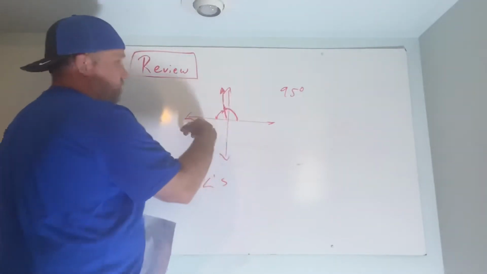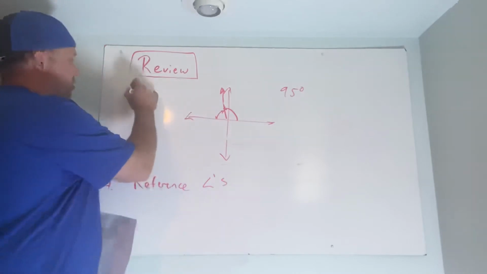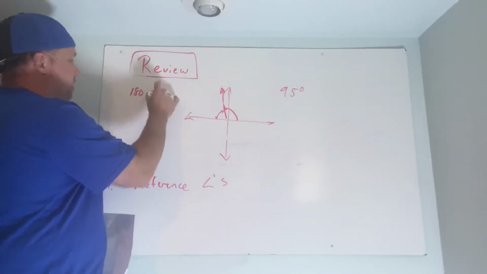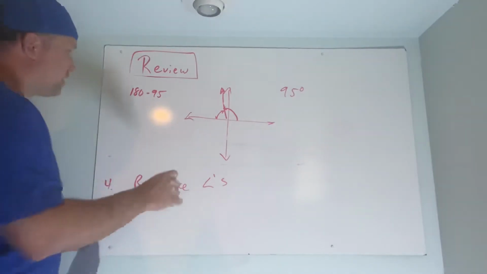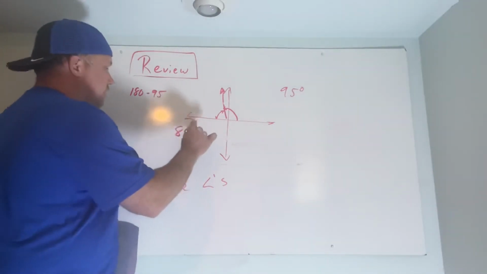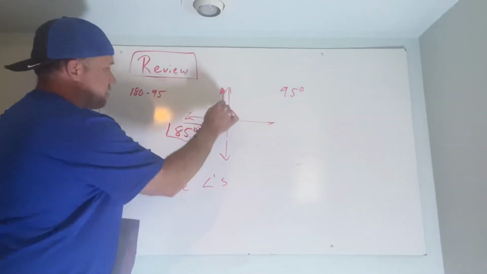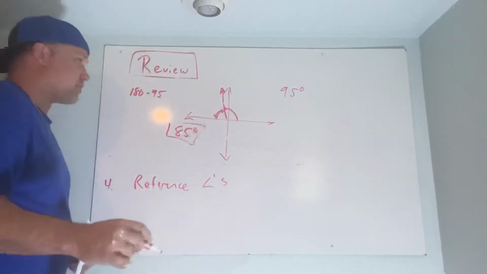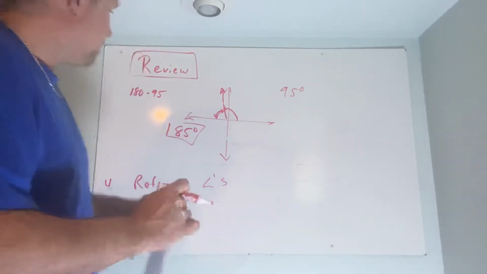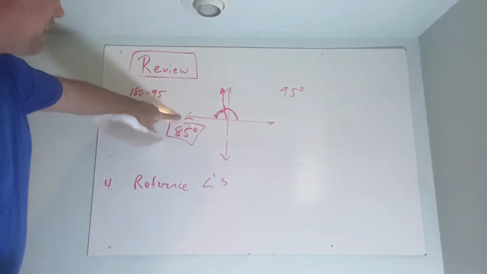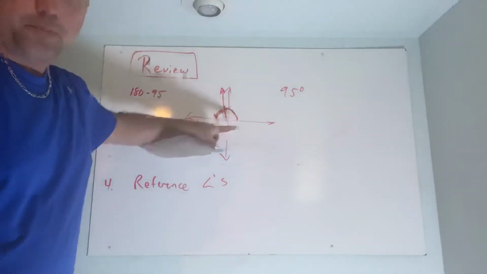So 95's reference angle, in this case, would actually be 180 minus 95. All right, which would put us at, what, 85 degrees? So 85 degrees would be this angle right here, which is 95's reference angle. So just remember, reference angles are always based off of the x-axis. So you're either going to use 180 or 360 to help you determine those.